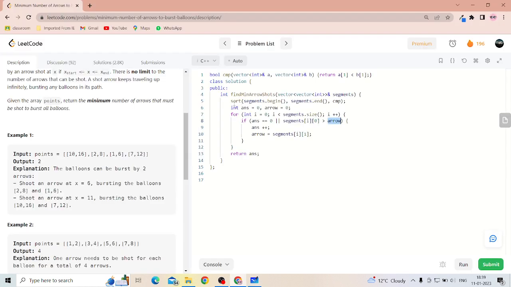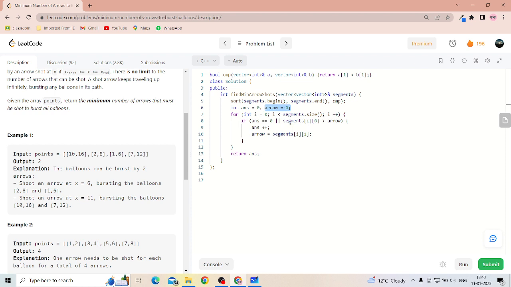It is a very easy problem. What we are doing is simply sorting the array with one condition: if two balloons have the same x coordinate, then return first the balloon which has the greater y coordinate. We take one answer and one arrow. In the arrow we store the ending point of the balloon. If we are at index 0, we say answer plus plus.